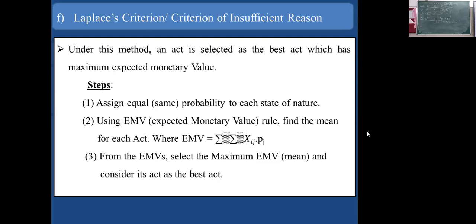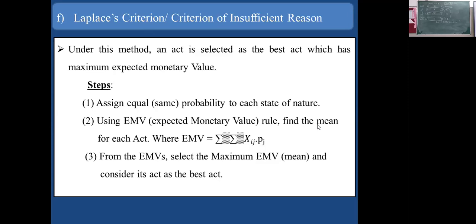For that we have to follow the following steps. Step number 1, assign equal probability to each state of nature. Dear students, here we do not have perfect information. So what we can do is assume each and every state of nature as equiprobable. The meaning of equiprobable is that each and every state of nature has the same probability of happening or occurrence.